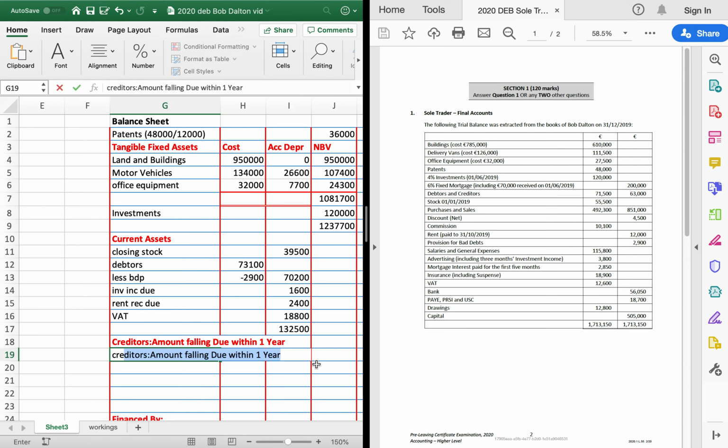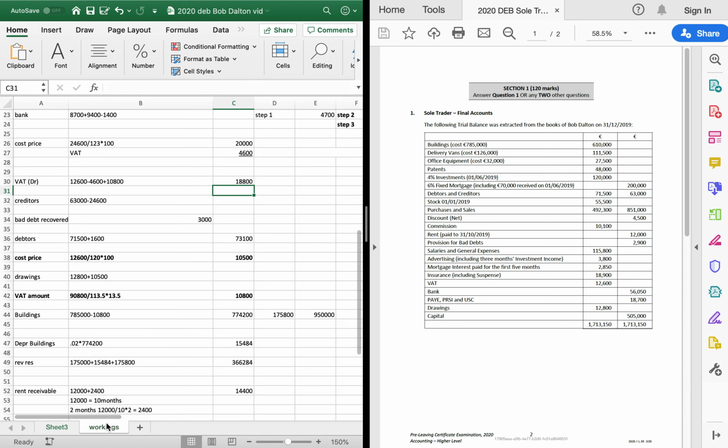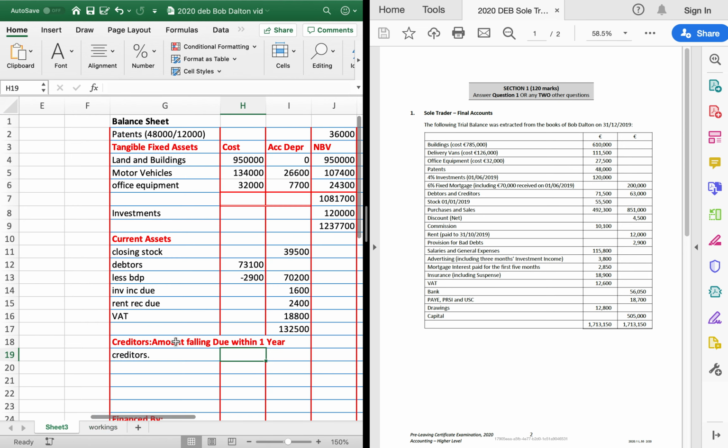We'll have our creditors. So that should have changed in our workings. So it's 38,400. So that's your creditors. So we're looking for liabilities.